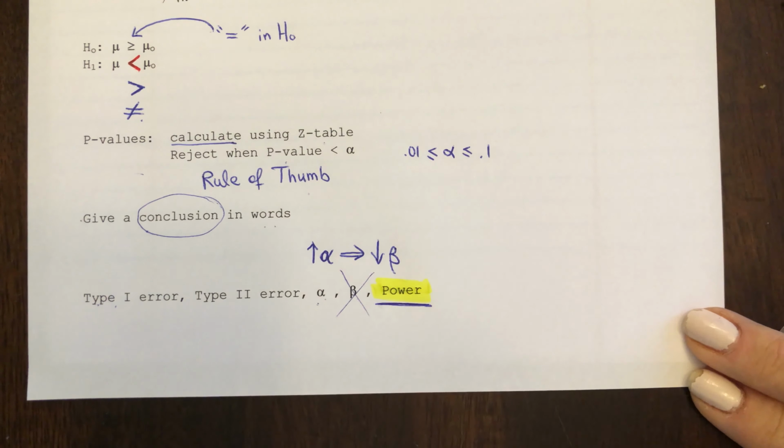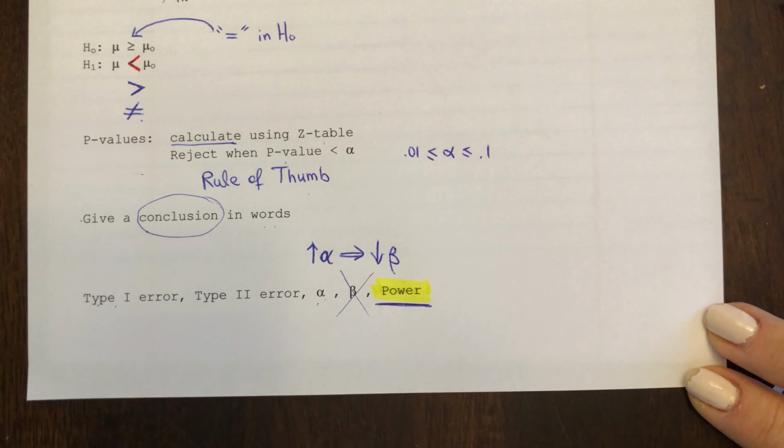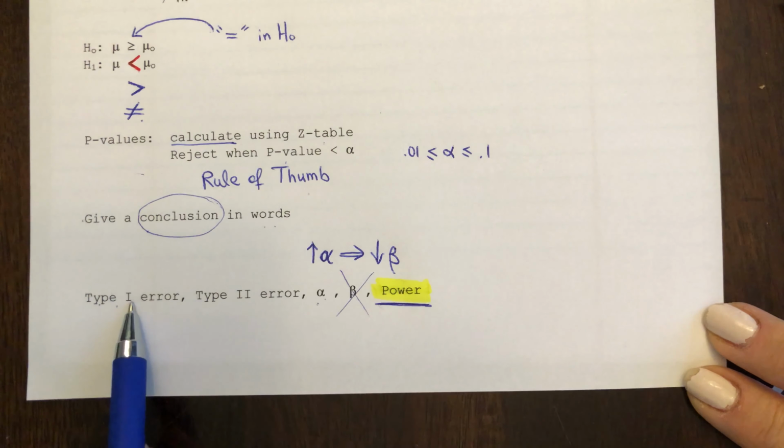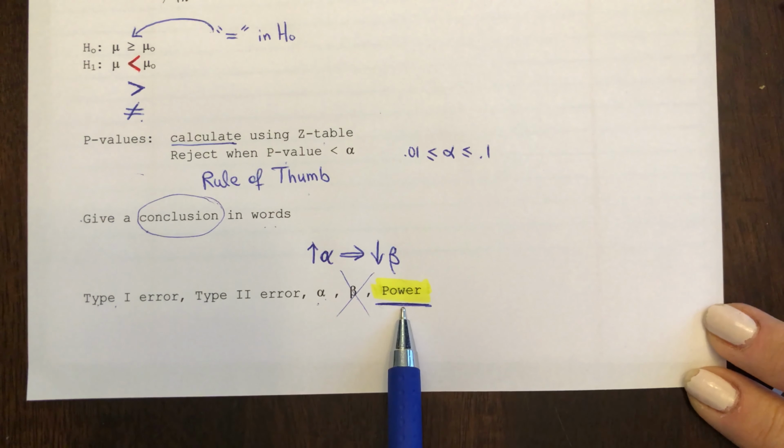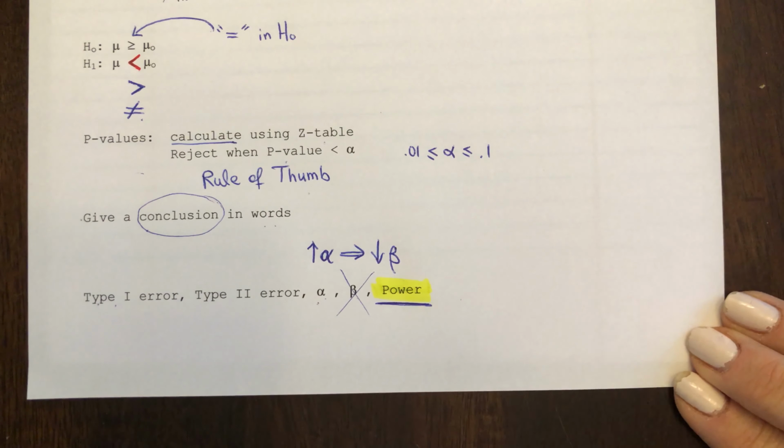So again, there's lots of trade-offs going on here. Remember the desire to have a small sample size because it costs a lot of time and money. The desire not to commit errors, but at the same time to have a very powerful test. So all these things are tugging at each other as you go through.